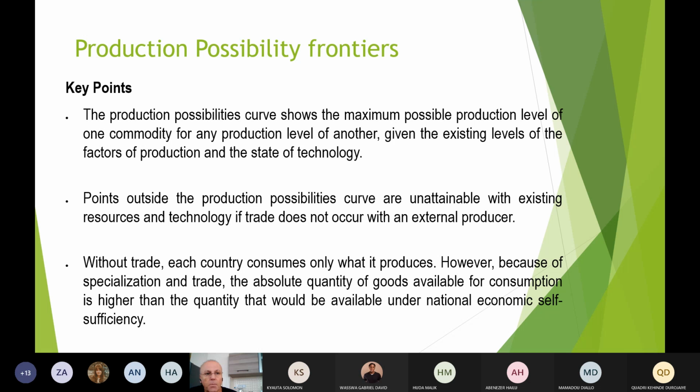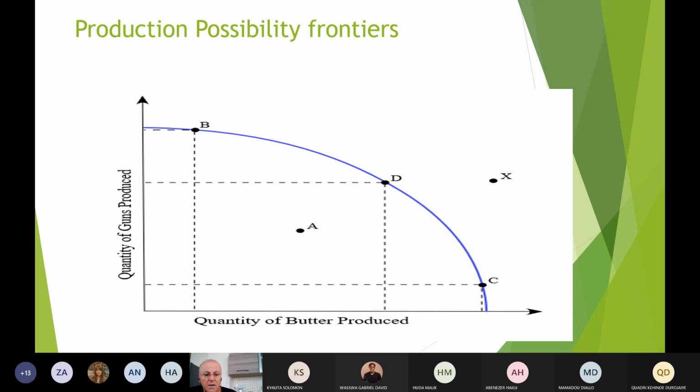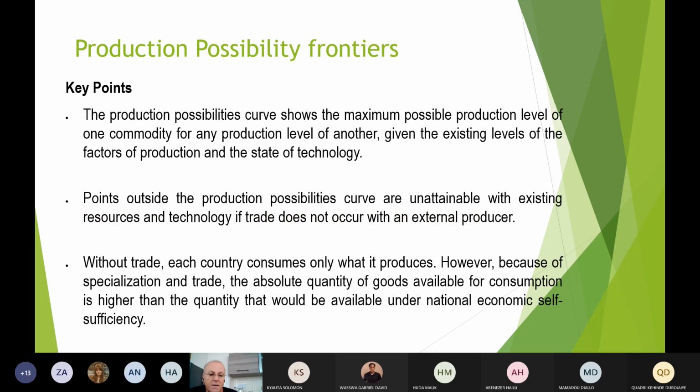As you understand, the supply curve depends on this production possibility frontier, and it is inside this curve illustrated in the graphic. If it is below or on the curve, it is the capacity of this domestic producer. If it is above, at X, let's say, it is not available with the existing production factors and capacity, and it should be covered by external producers, so-called imported.